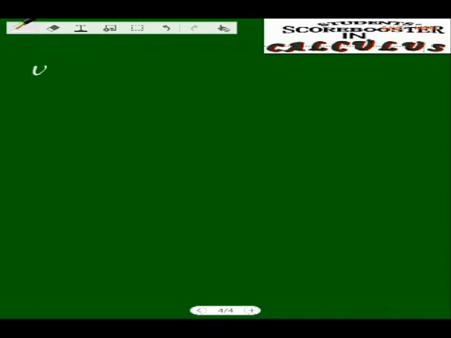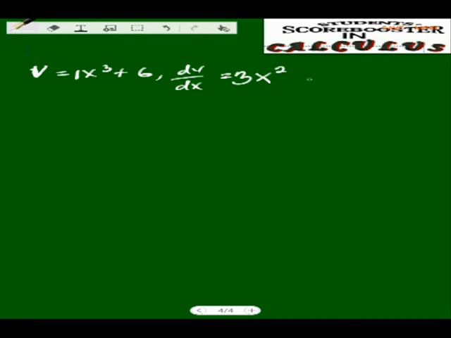Our v is equals to x cubed plus 6. So dv dx will be equals to 3 times 1, which is 3x, 3 minus 1, which is 2, plus whatever is a constant is 0. So this is just 3x squared.